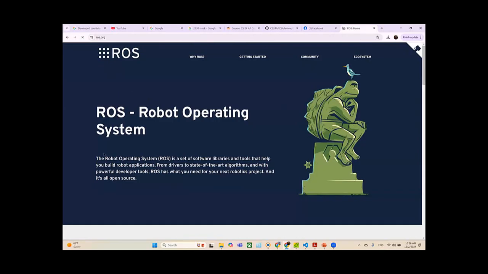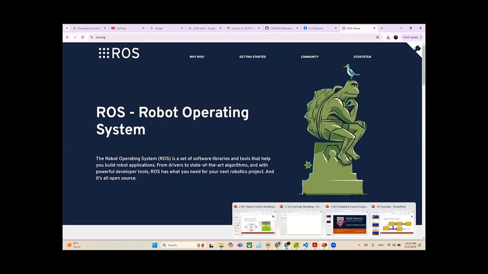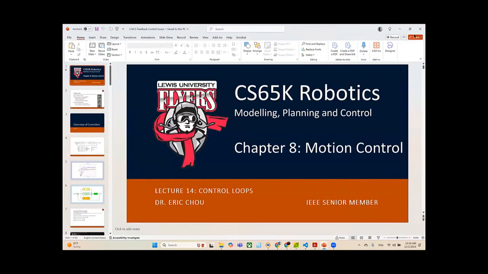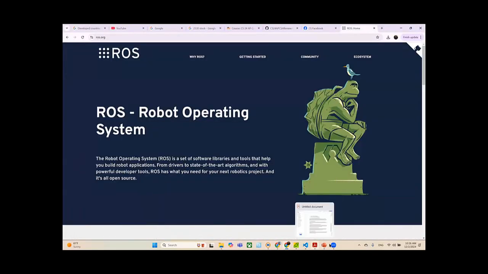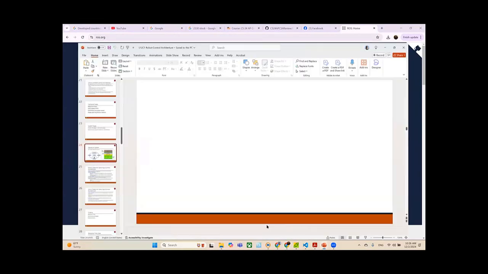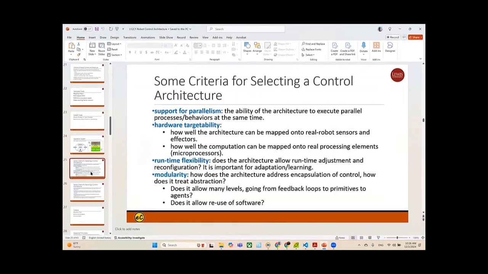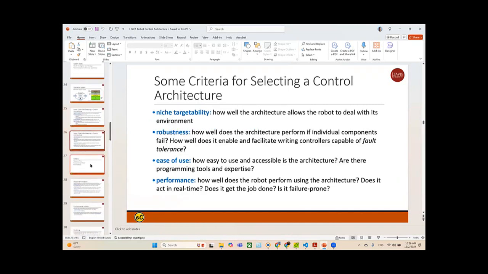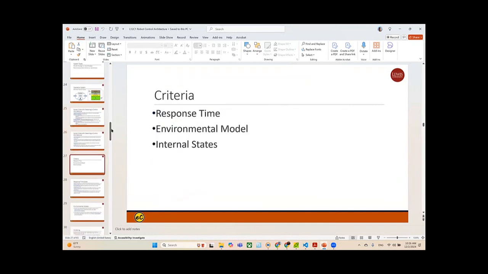So you choose an architecture, and you also need to choose an operation system. There are tons of material that you need to go through for the choice of the operation system.